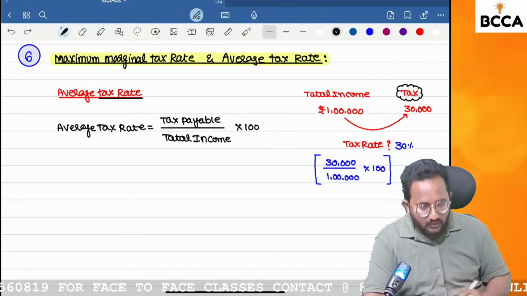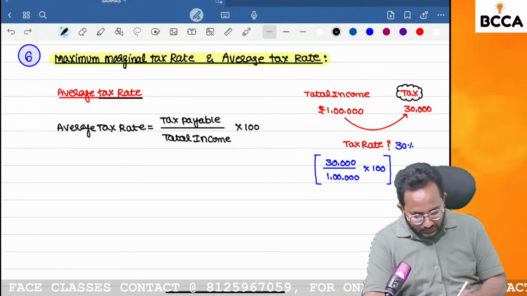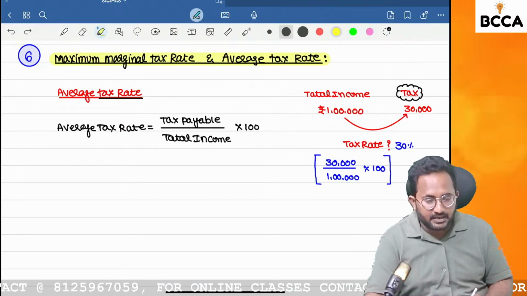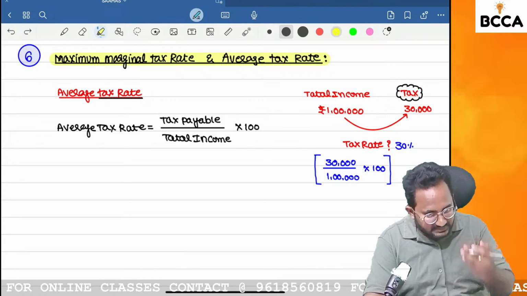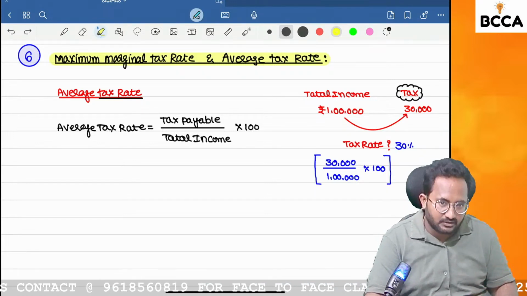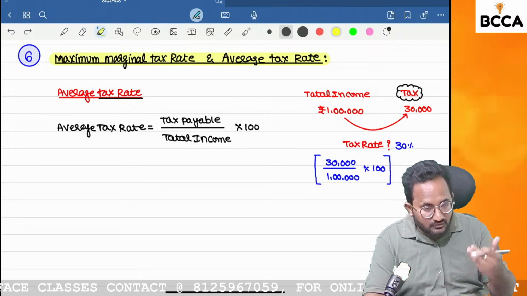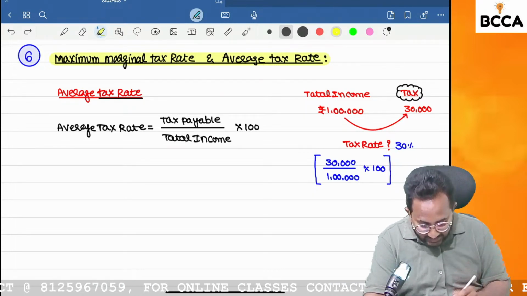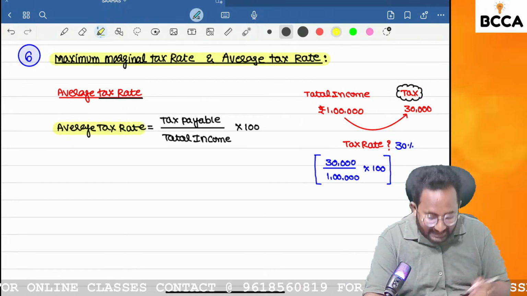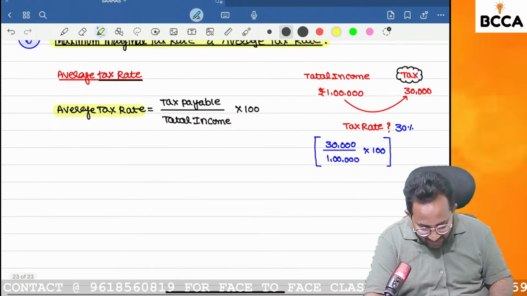Here you need to make an observation. Tax payable means income tax, including surcharge, including health and education cess. They give the tax as well as the total income, and you have to identify at what rate we collected the tax. That is the average tax rate.